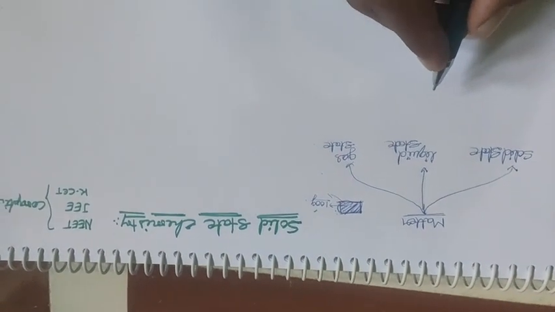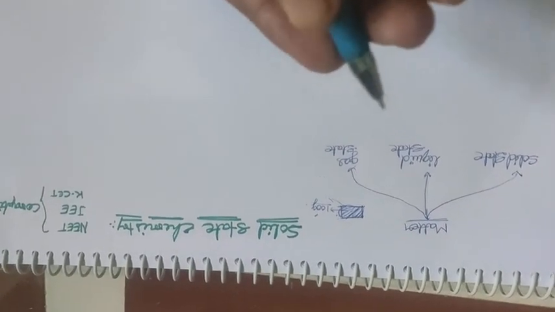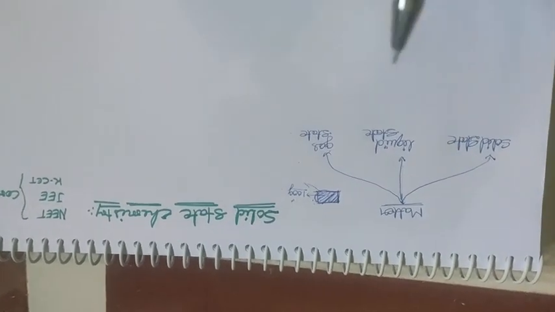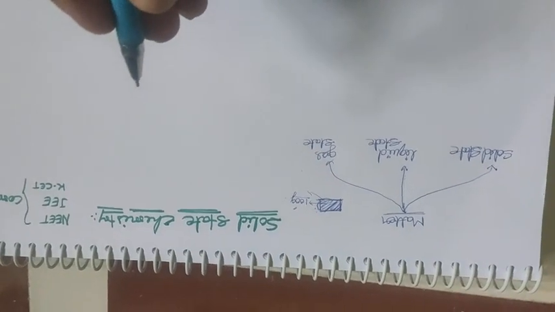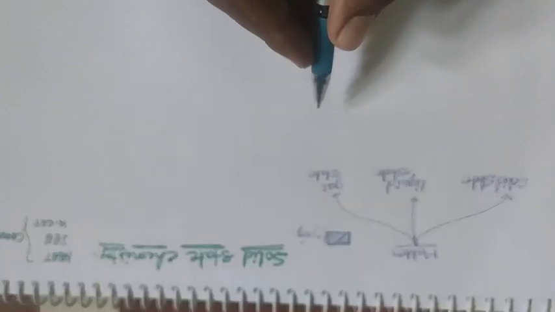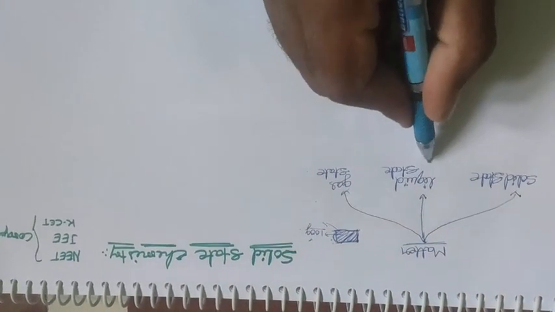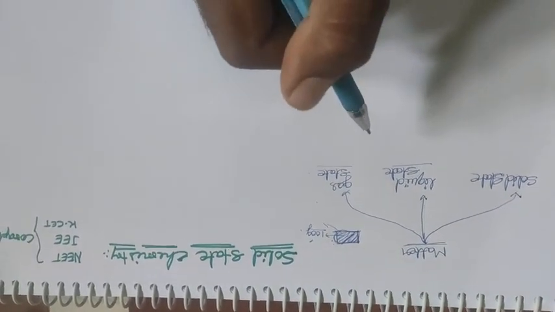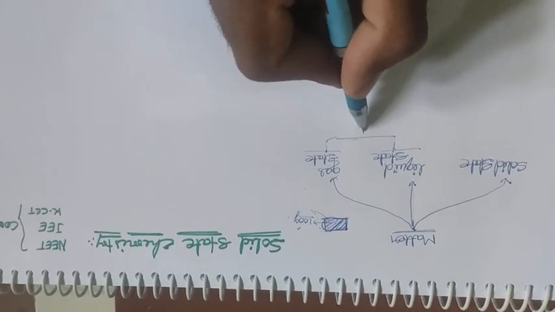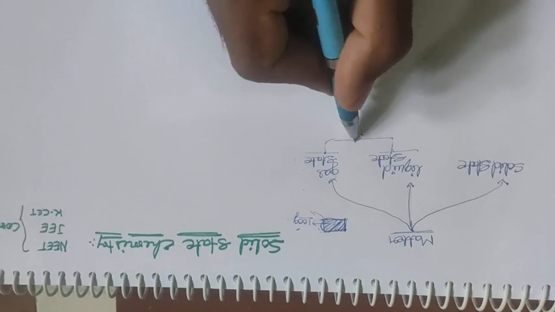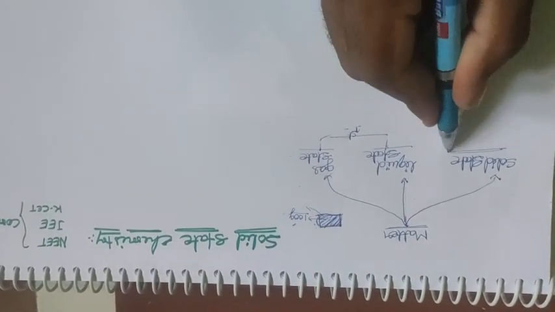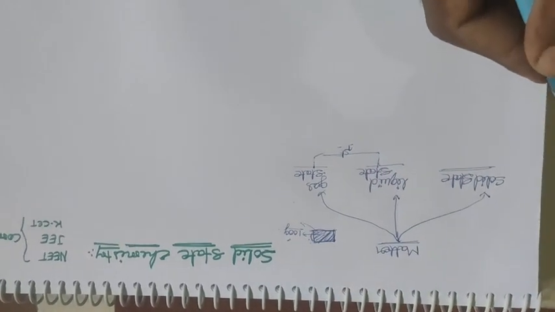Our normal atmospheric temperature is around 25 to 30 degrees Celsius. That's why we are not studying the plasma state much, but we will study it in higher classes. Now, the liquid state and the gaseous state, these two states of matter, we completed in the first PUC states of matter chapter, but now we are studying the solid state.